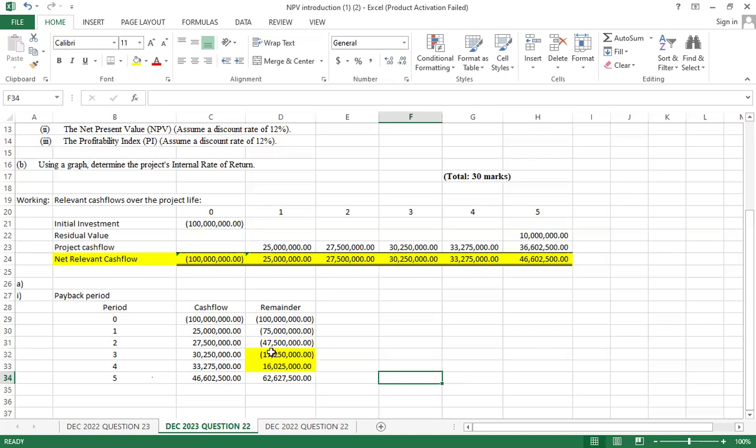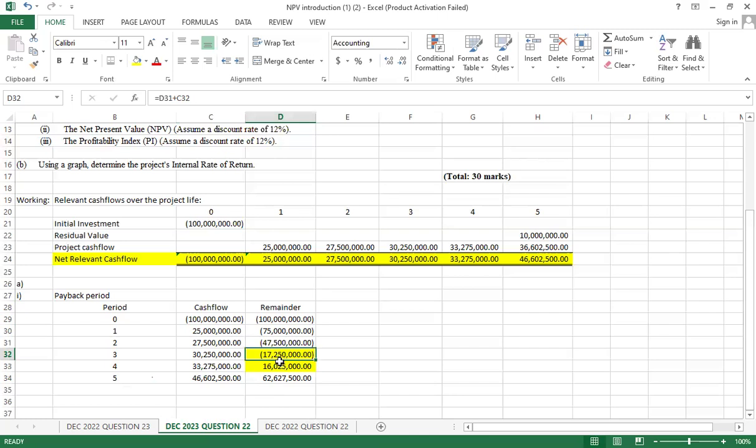At the end of period 3, we have the last negative 17.2 million, which you then need to recover in period 4. So you recover the 17 million in period 4 and actually remain with a plus 16 million in period 4. Out of 33 million, what you need to recover last for the full recovery is this minus in period 3.